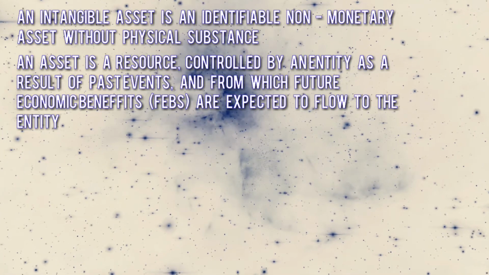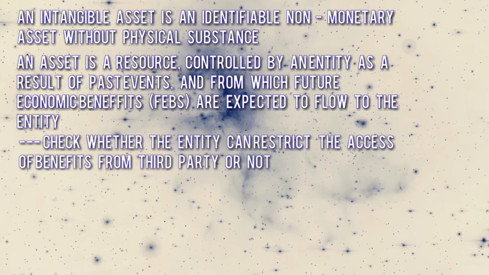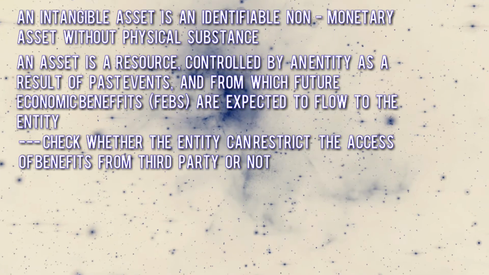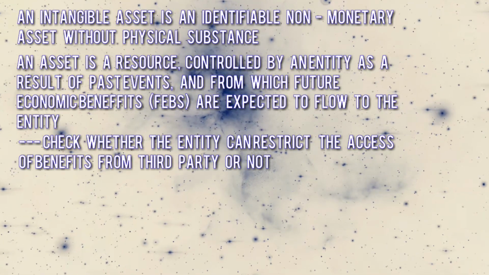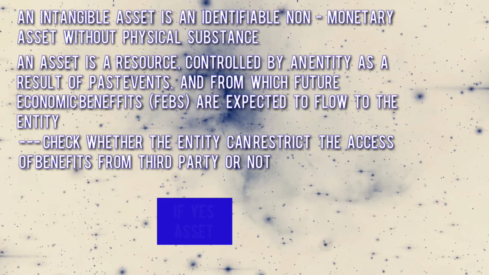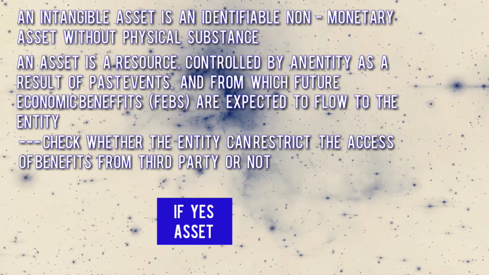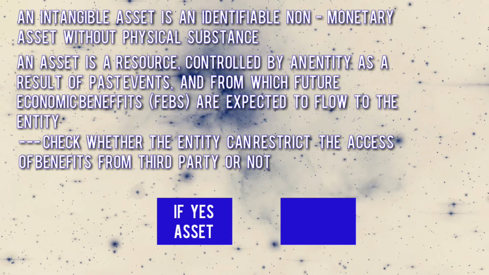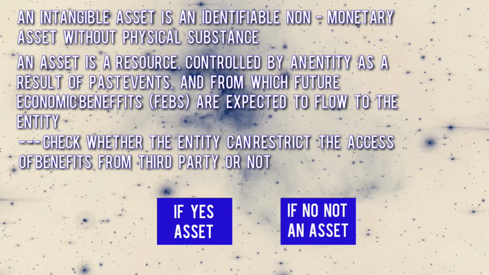And we need to decide whether the entity can restrict the access of the benefits from a third party or not. If the answer is yes, it is an asset to the entity and should be recorded in the entity's books. If the answer is no, it's not an asset.